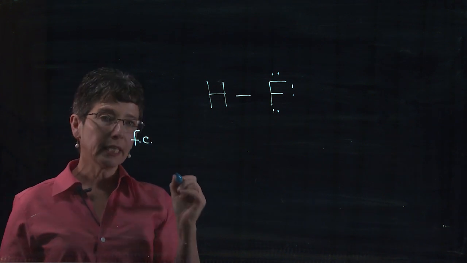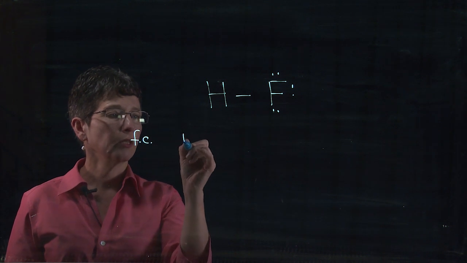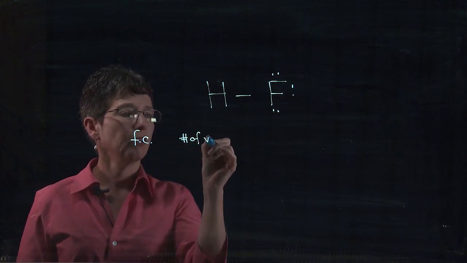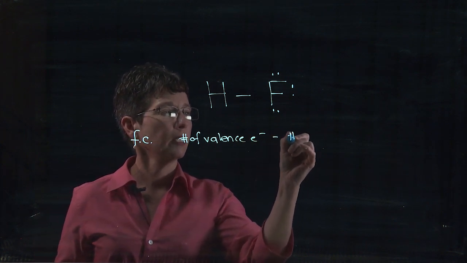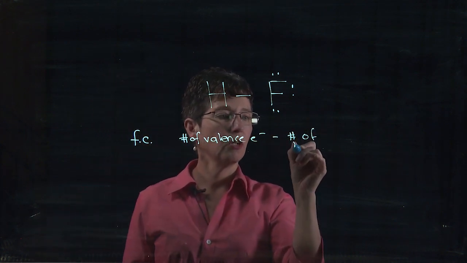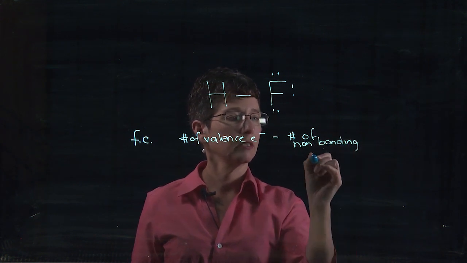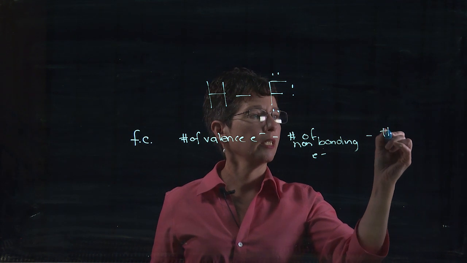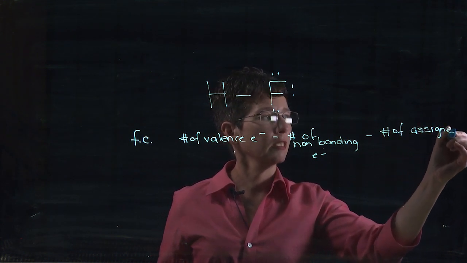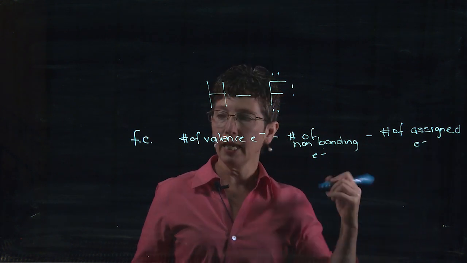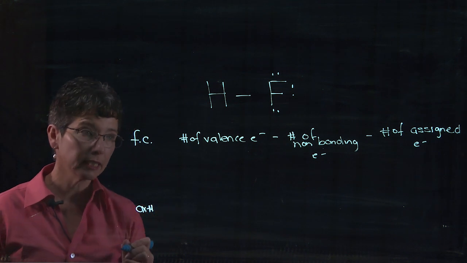In formal charge, we've already gone through that. Each atom is going to be assigned a formal charge, and we're going to use the rule as the number of valence electrons minus the number of non-bonding electrons minus the number of assigned electrons. And interestingly enough, oxidation number is the same.